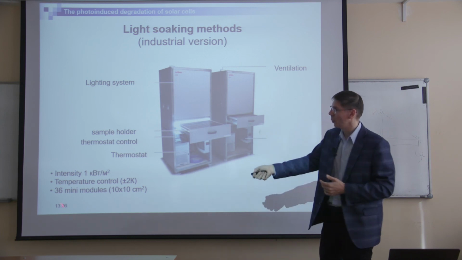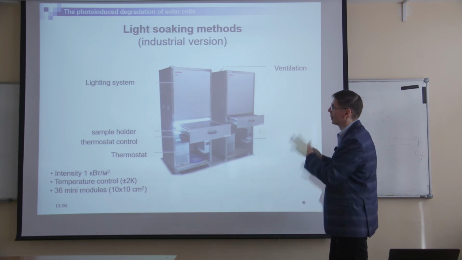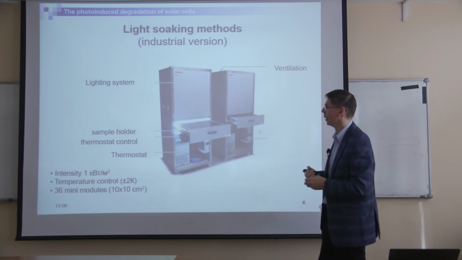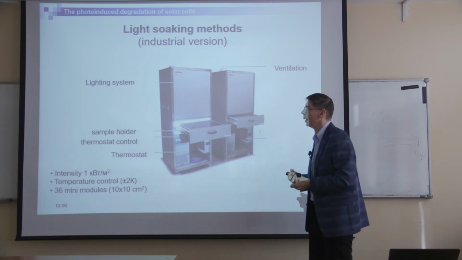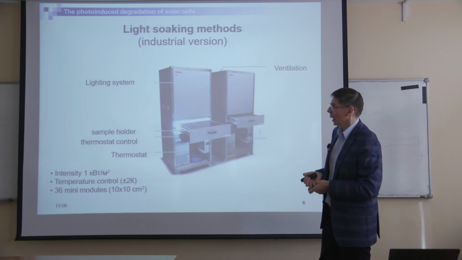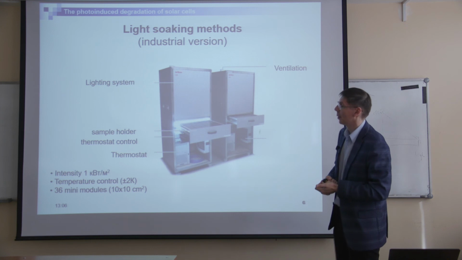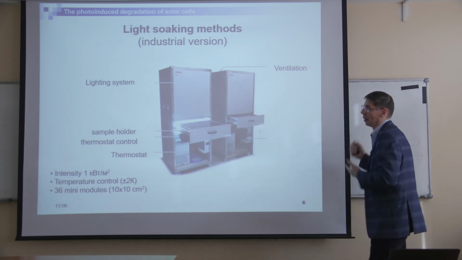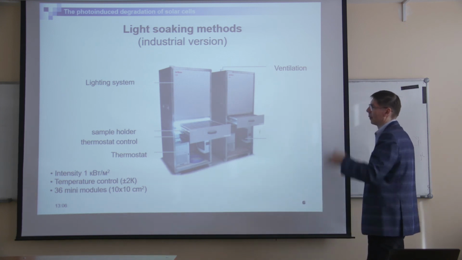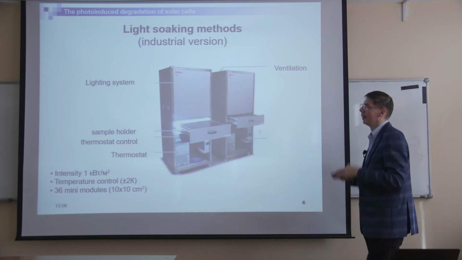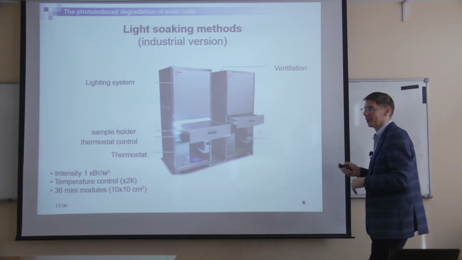Up to 36 modules. I mean, this is some kind of example from a standard Oerlikon line. And you provide the intensity of 1 kilowatt per square meter with temperature control. So you put the sample and start the degradation.